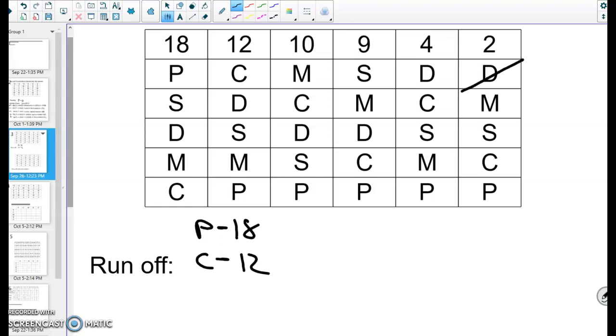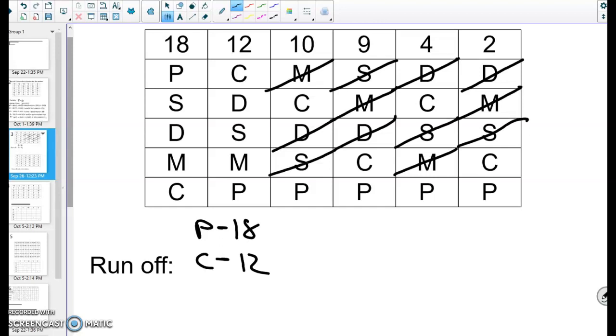So D, M, S, go. Obviously, Pepsi keeps its 18 votes. Coke keeps its 12 votes.